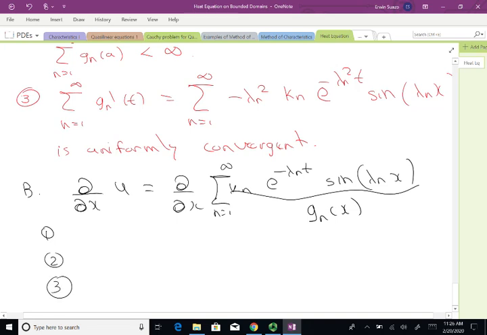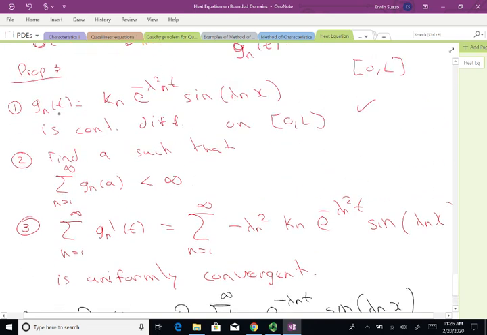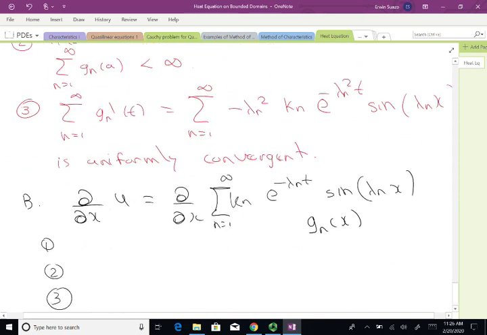But for these, with k sub n, we will have to prove that g sub n of x, considered with respect to x, is continuously differentiable. That's easy. Now we will have to find that Gn at some a is less than infinity.